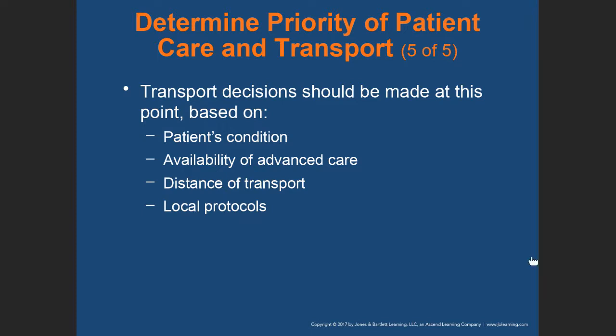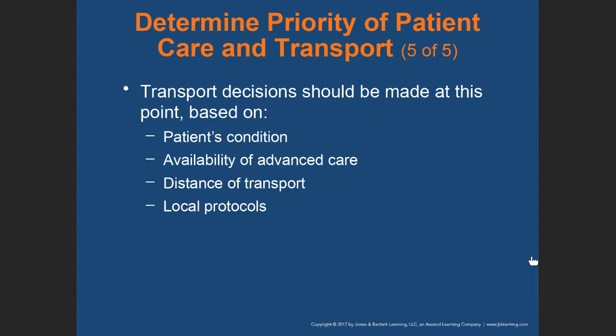So we have to be familiar with the capabilities of these 3 hospitals. That's the first thing. When you're working in a service or an organization, you are going to be responsible for a primary service area. You need to be familiar with all of the medical facilities within that primary service area and what their capabilities are.